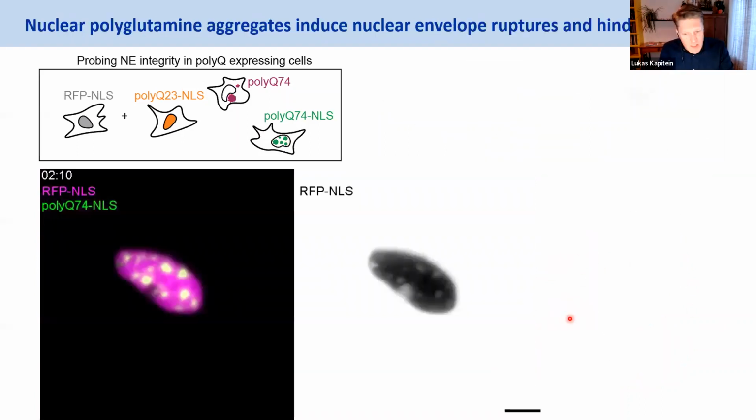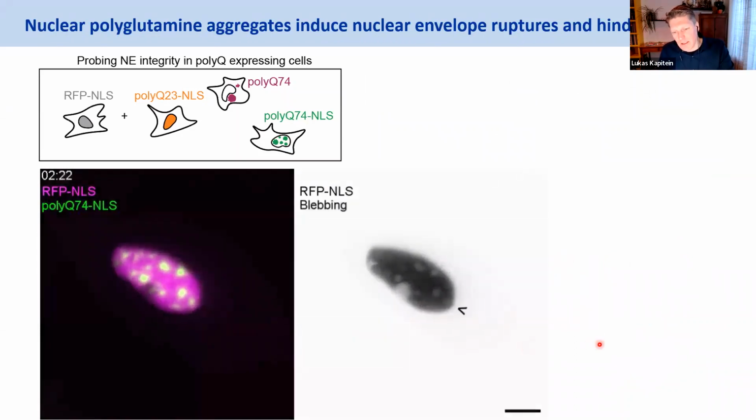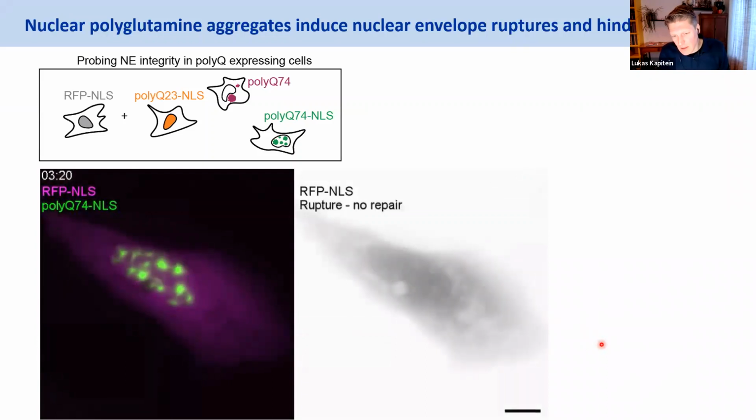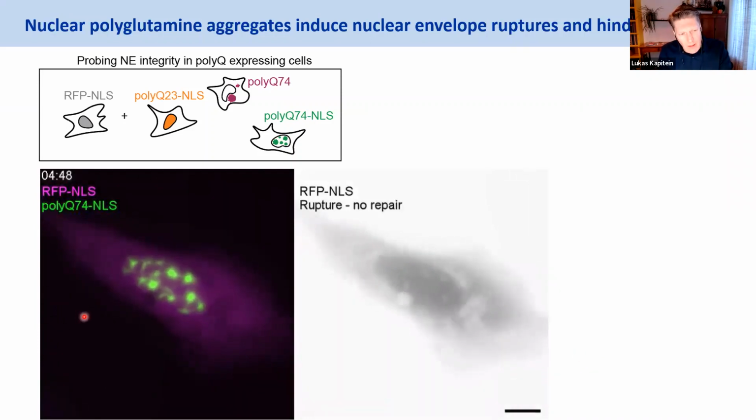But what's even more dramatic is the following. We often found that these ruptures would occur, as illustrated here, but they would not be repaired. So somehow in the presence of these aggregates, the nucleus was unable to repair itself.